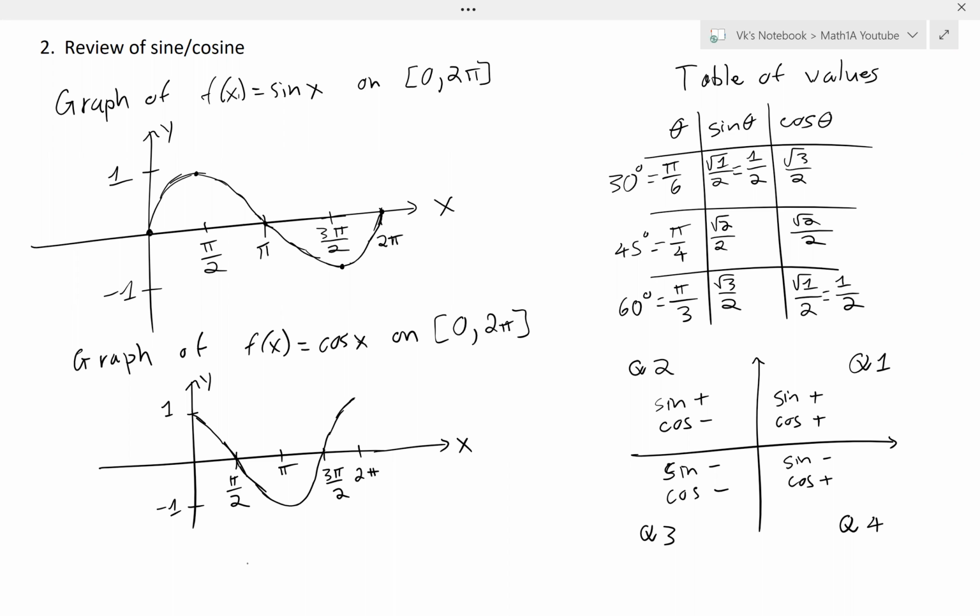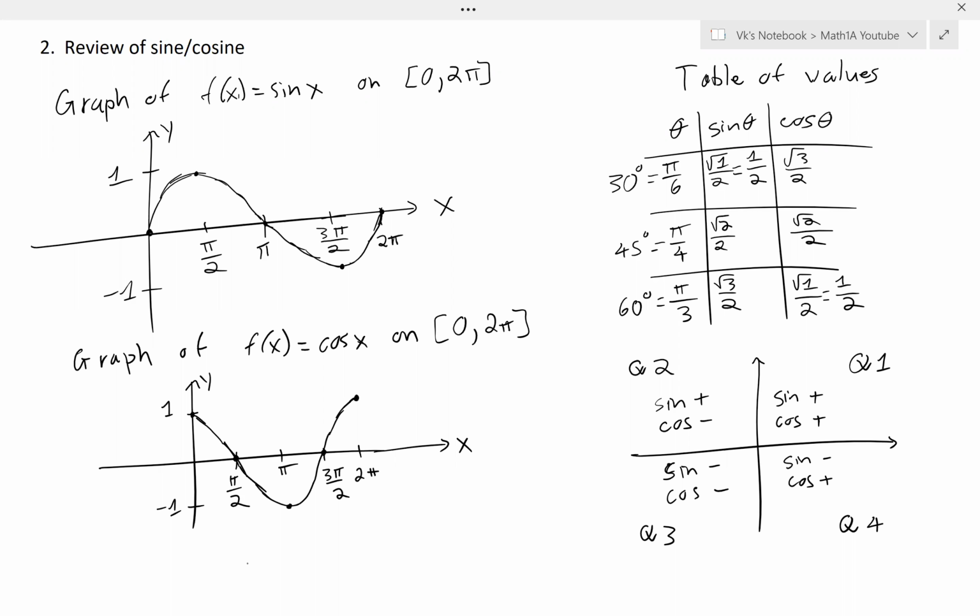For the graph of cosine on the same interval, it has a V shape. Similarly, using the graph of cosine, we can quickly compute cosine of 0, cosine of pi over 2, cosine of pi, cosine of 3 pi over 2, and cosine of 2 pi.